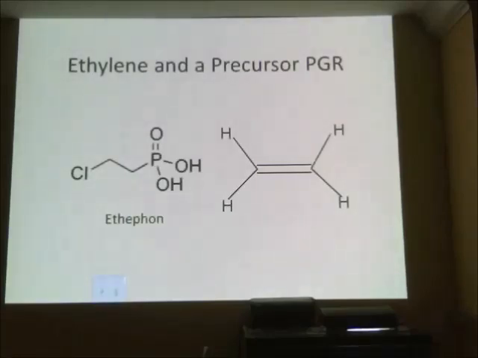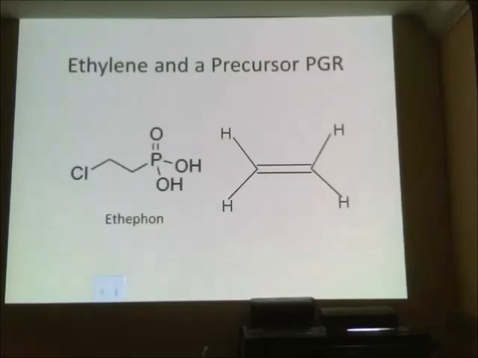But this initiates the pectin release. And then there are other enzymes called amylases, which convert starch to sugars, and enzymes called hydrolases, which degrade chlorophyll. The green color that we associate with plants, particularly in leaves, is due to chlorophyll.